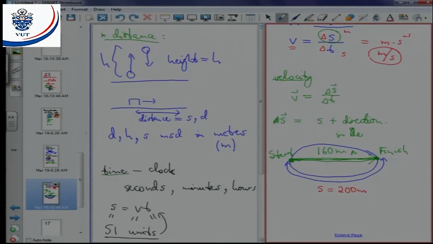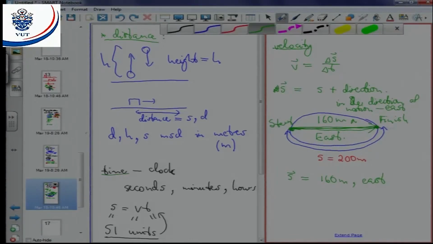So in the direction of motion, which in this case looks like east in my diagram. So we just say 160 meters east. So that's displacement. Okay, and we use a vector, so then we would write S is equals to 160 meters east.